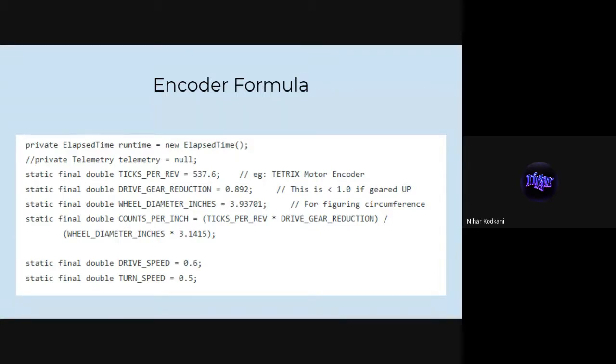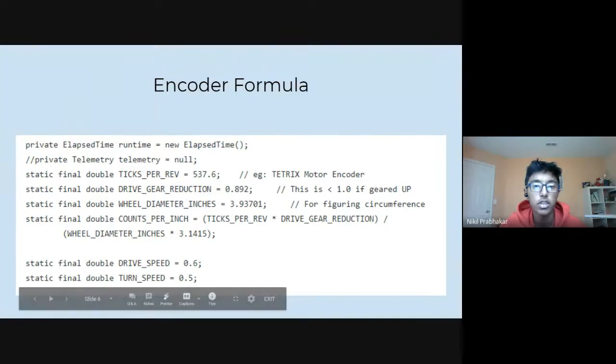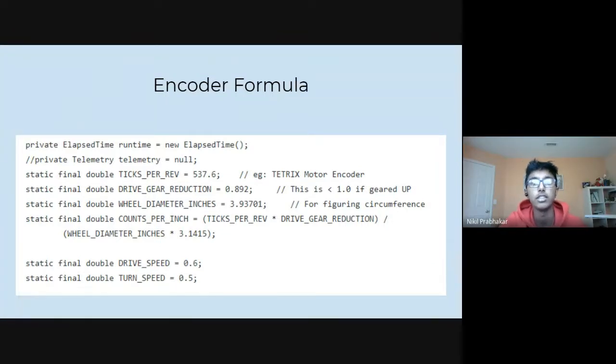That also is based on your wheel diameter and circumference, so that's what this calculation is doing. All those variables are just used to figure out how many ticks you want to travel for how many inches you want to go. Okay, so that's basically what the encoder formula is. We'll use that again later today. So if we move on to the next slide.